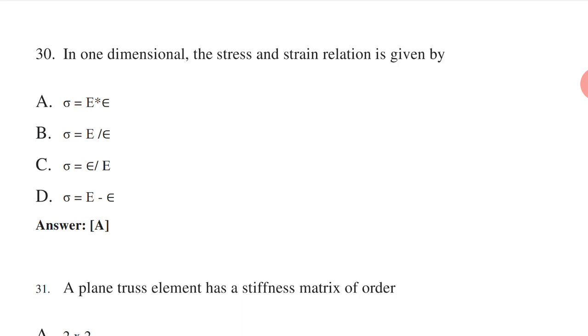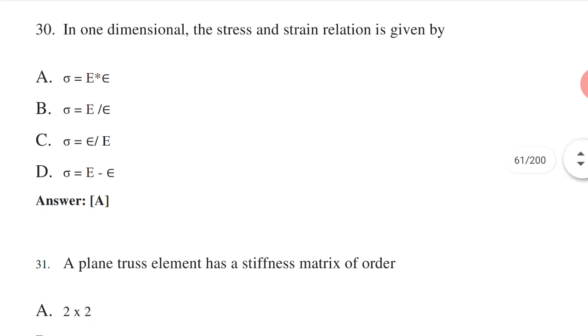We know that modulus of elasticity is the ratio of stress and strain, so stress upon strain is equal to E. So if we rearrange it, then sigma, that is stress, is equal to E into epsilon, that is strain.